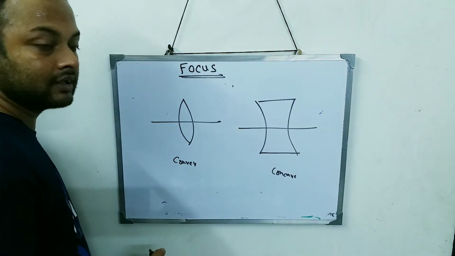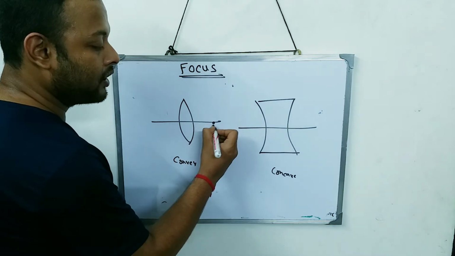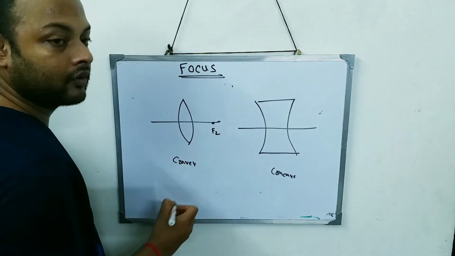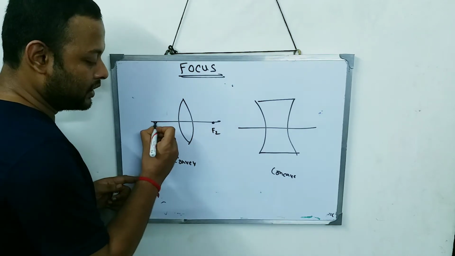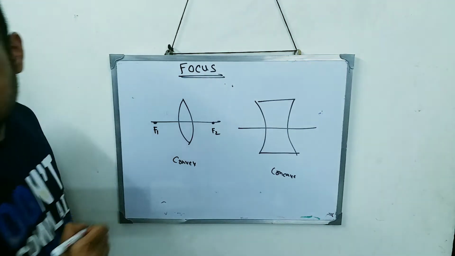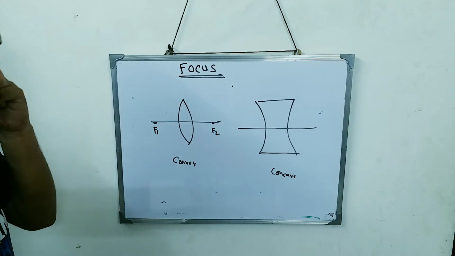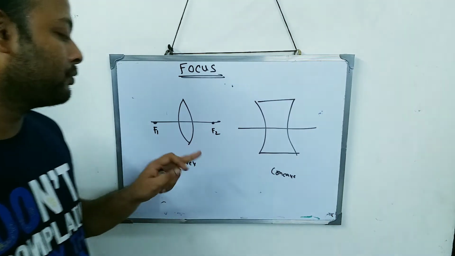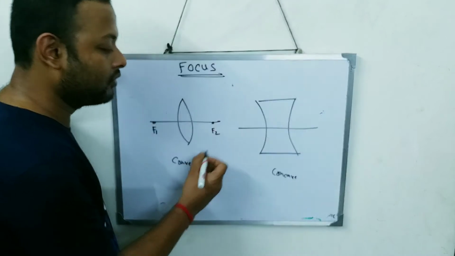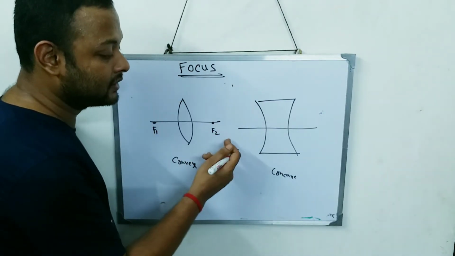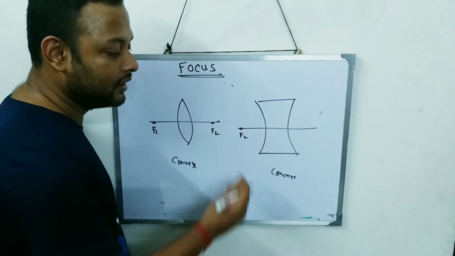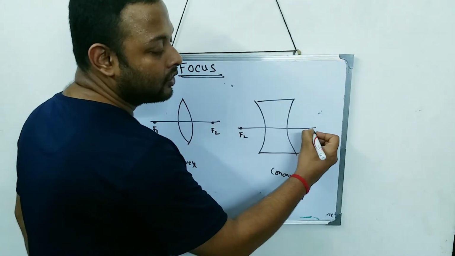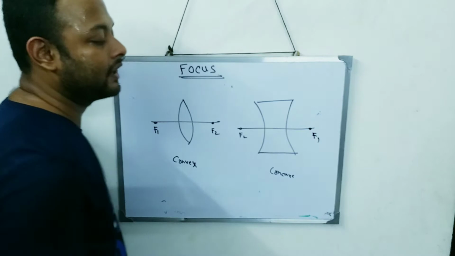Just now we have discussed. This part becomes F2, and obviously this one has to be F1. Concave is just the opposite of convex. So if for convex F2 is on the right hand side, then for concave F2 will be on the left hand side, and correspondingly F1 is on the right hand side.